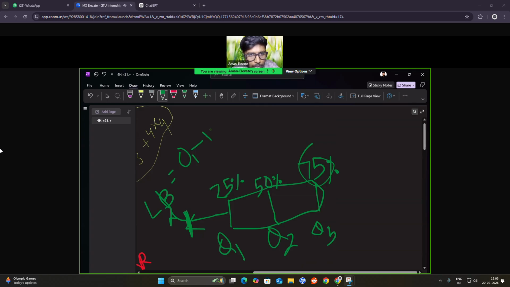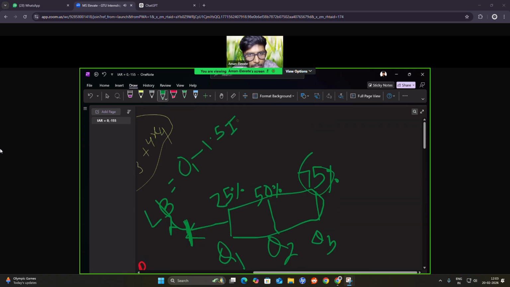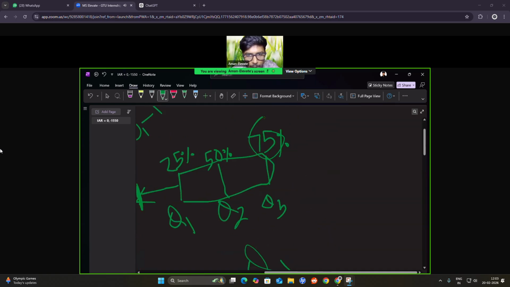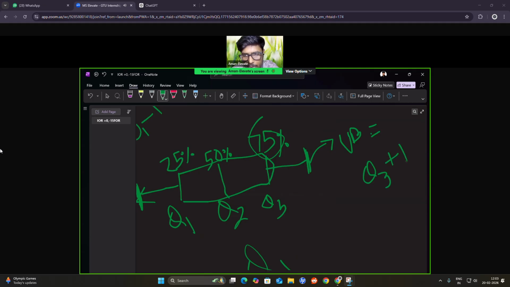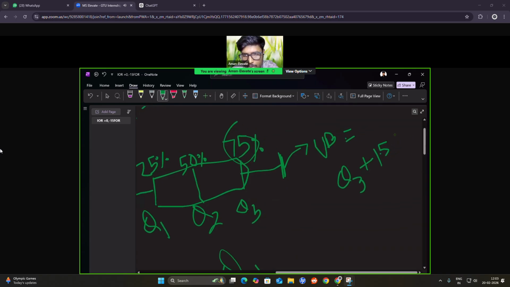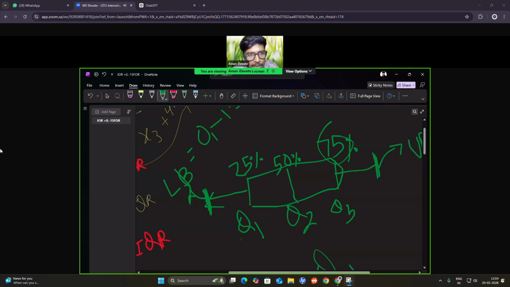So the lower bound is Q1 minus 1.5 times IQR. And the upper bound is just the opposite: Q3 plus 1.5 times IQR.